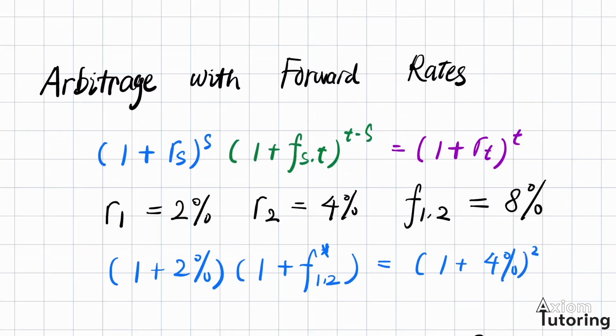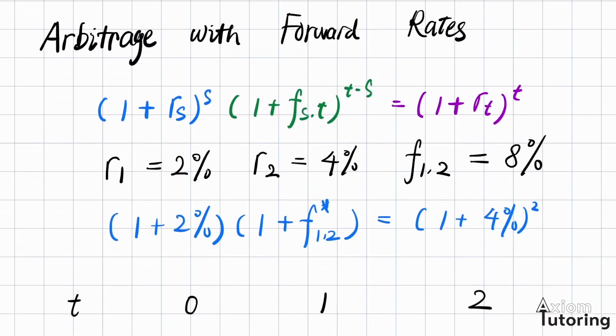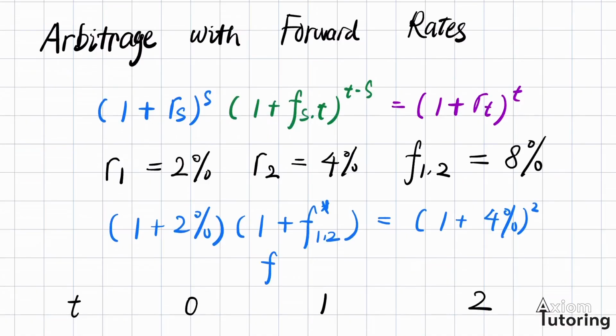If we plug in the numbers, we should get the fairly priced forward rate to be around 6%. So we are given a forward rate that is too high compared to the fairly priced forward rate, which is 6%. So what could we do to construct an arbitrage portfolio?